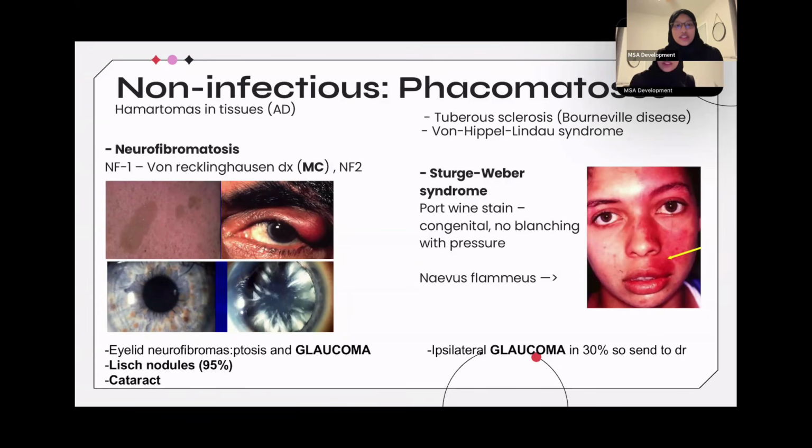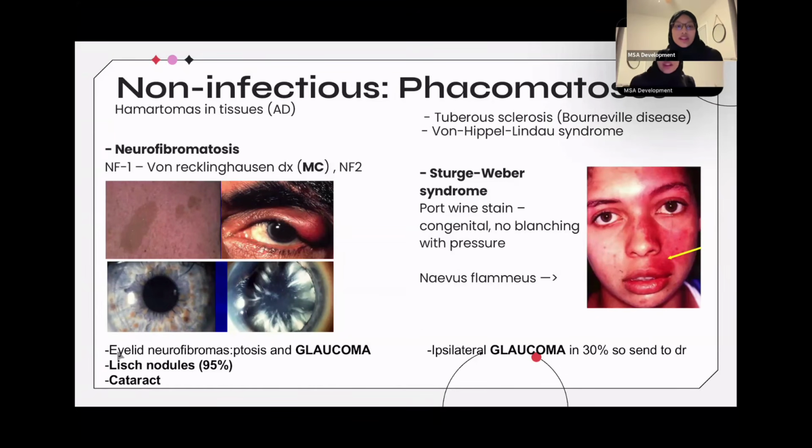And then you see these three here. This looks like a chalazion to me, right? Do you remember the eyelid swelling? But in this systemic disease, if you look at the whole person, it's a hamartoma from the neurofibromatosis.